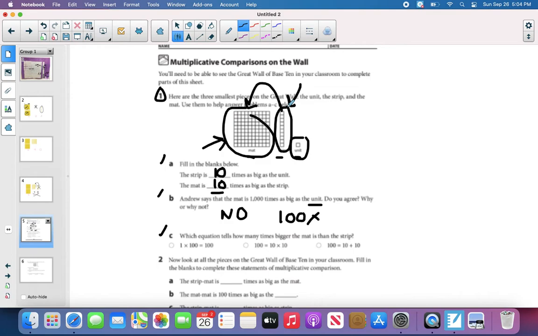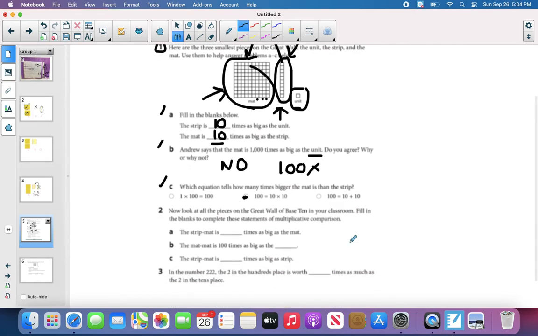So how many strips to make a mat? 1 times 100? No, because we're comparing the strip to the mat. 10 plus 10? No. 10 times 10. I have 10 strips right here, 10 of them linked together to make a mat. So it should be this middle one.